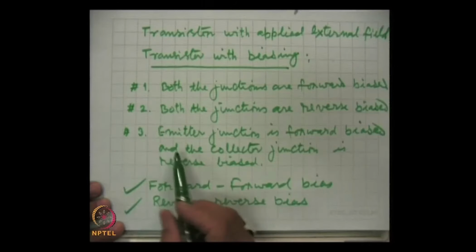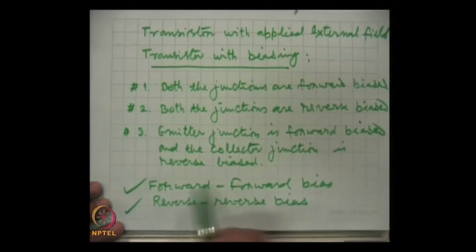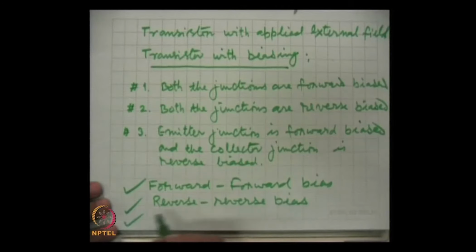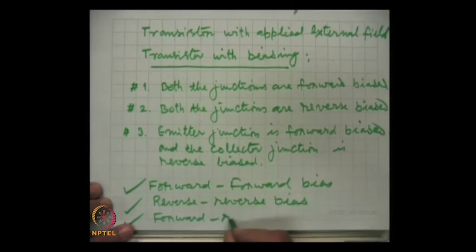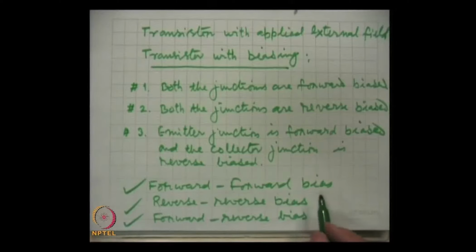And the third scheme, when the emitter junction is forward biased and the collector junction is reverse biased, is called forward-reverse bias. So, these three schemes we are going to study. First, we take forward-forward bias.